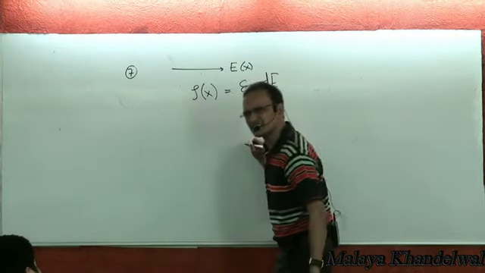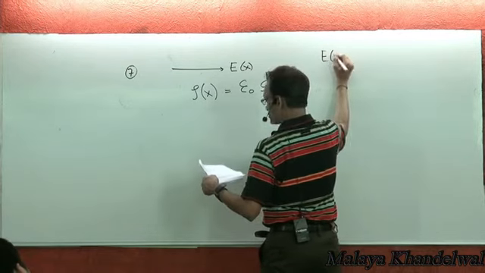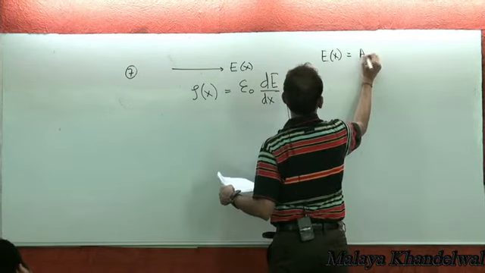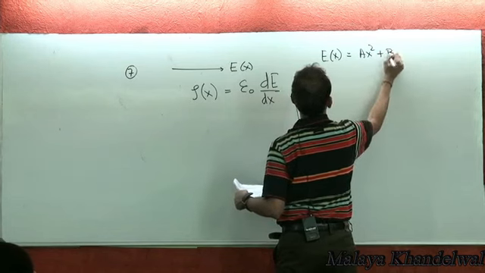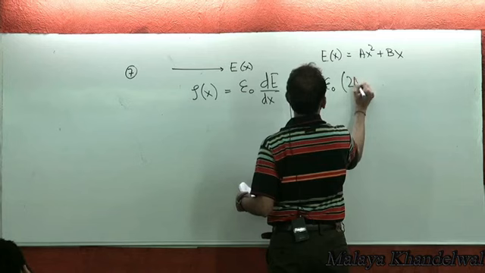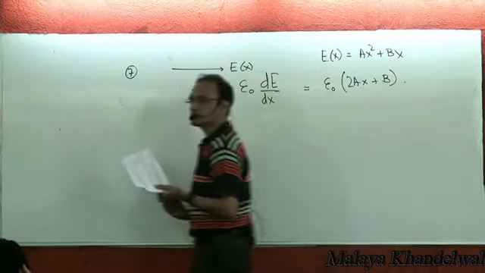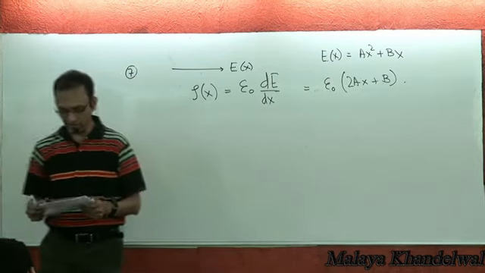Remember this? Have I discussed this result in the class? In this case, E as a function of x is given to be a x squared plus b x. So this is epsilon naught dE dx, which is 2ax plus b. That's volume charge density as a function of x.